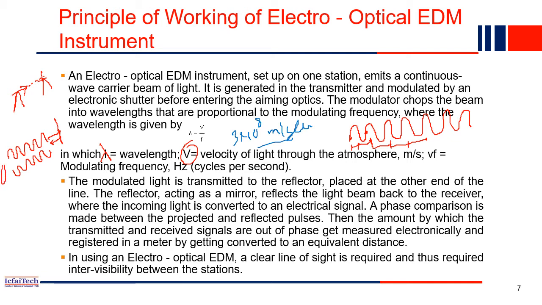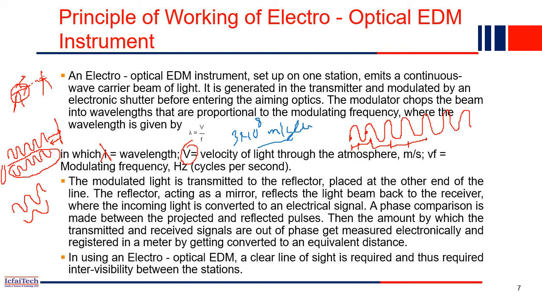In the receiver end, the receiver is always connected to the EDM instrument, right? In the EDM, you have the receiver. This receiver will receive the reflected wave and measure how much phase shift happened. Phase shift means this is the original one, and the reflected one may be out of phase.